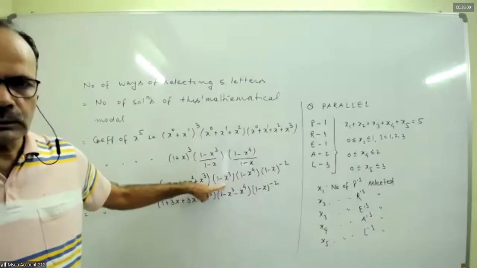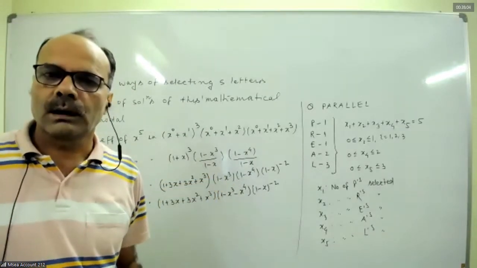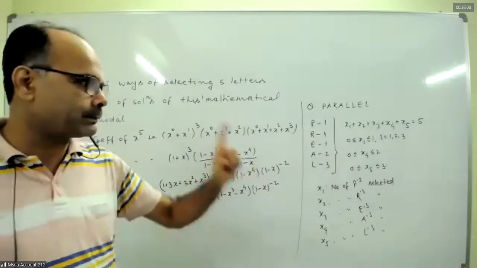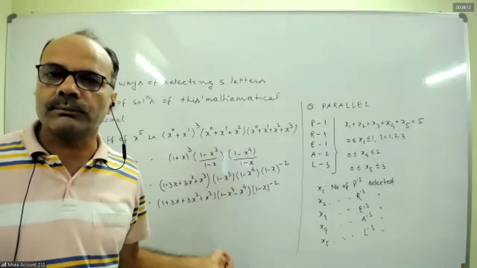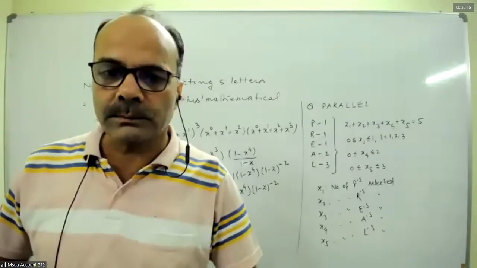Keep multiplying, neglecting the terms having exponent more than 5, because if you multiply any such term with any other term, it won't give x to the power 5. We bother only about the coefficient of x to the power 5.